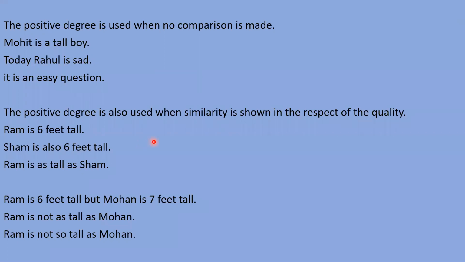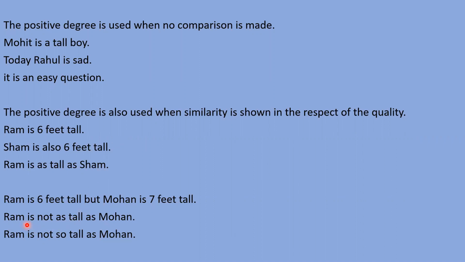But if you want to show the similarity of someone in the quality, we can use the positive degree with as. Suppose Ram and Sham both have the same height, so we can say Ram is as tall as Sham, right? And if we want to show dissimilarity, we use a negative sentence.